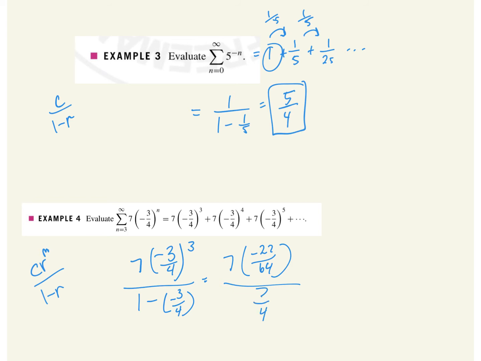Lots of things end up canceling for us. The 7s cancel. That 4 can go into the 64 16 times. So you end with negative 27/16. Okay? So I observed it is geometric, the absolute value of r is less than 1, n was not 0 here, and then I just used the formula.